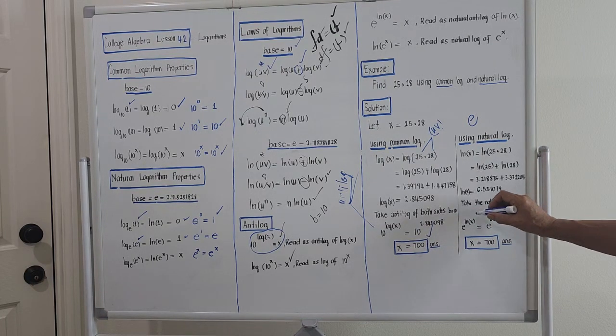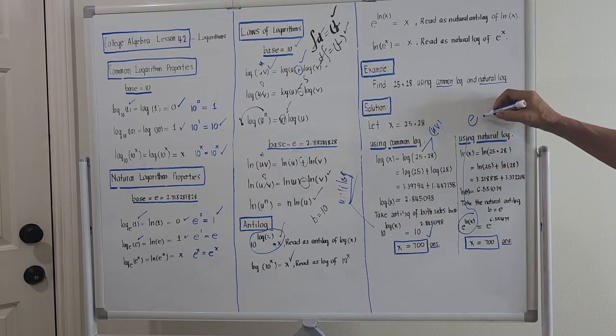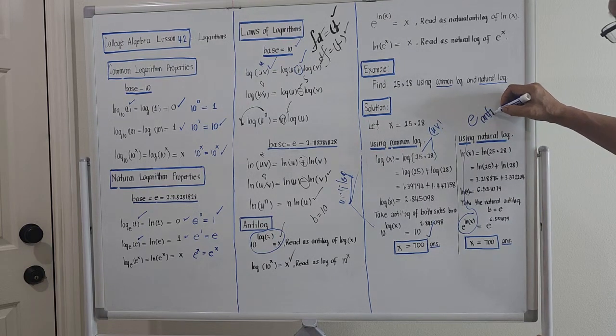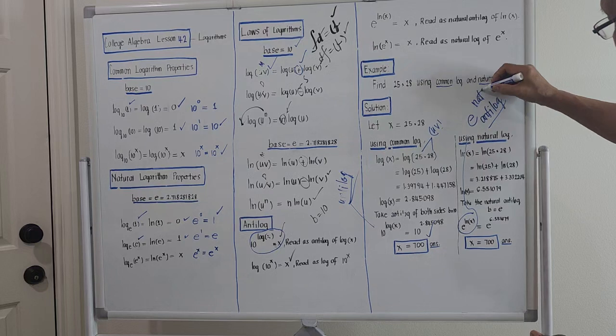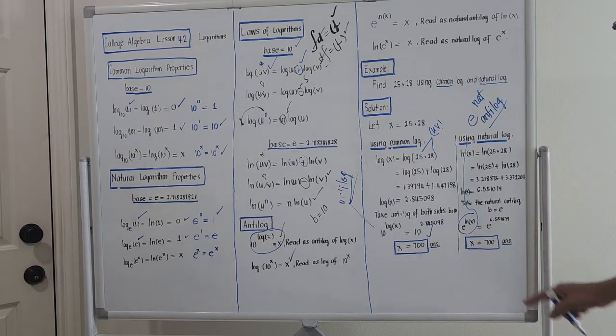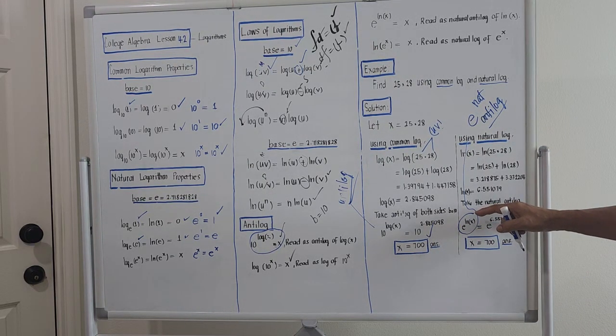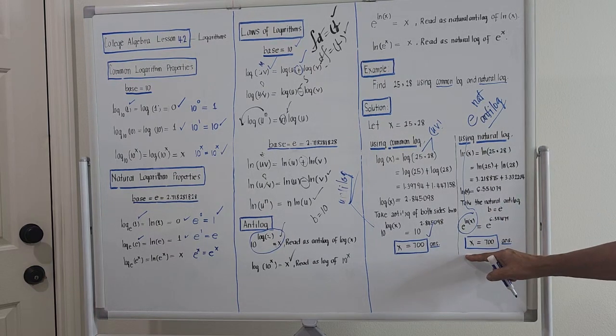If we try to read this one, it's the natural antilog. Why natural? Because the base is e. The natural antilog of the natural logarithm of x is just x.